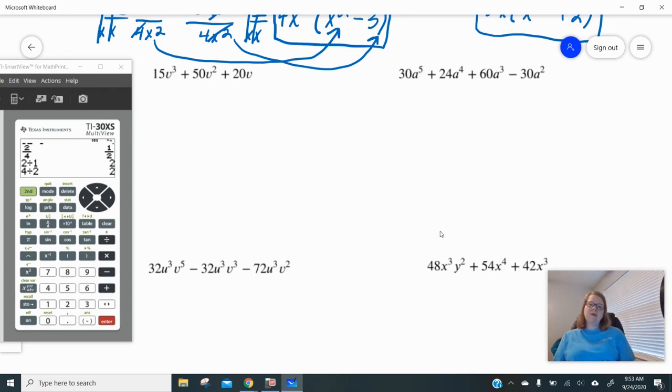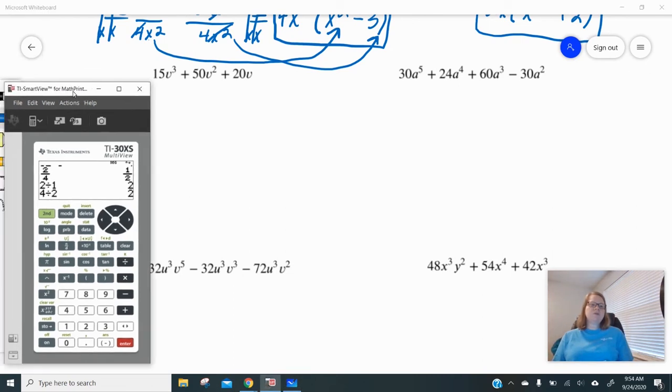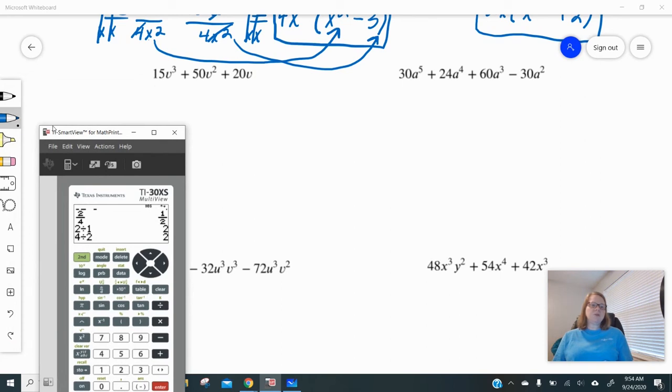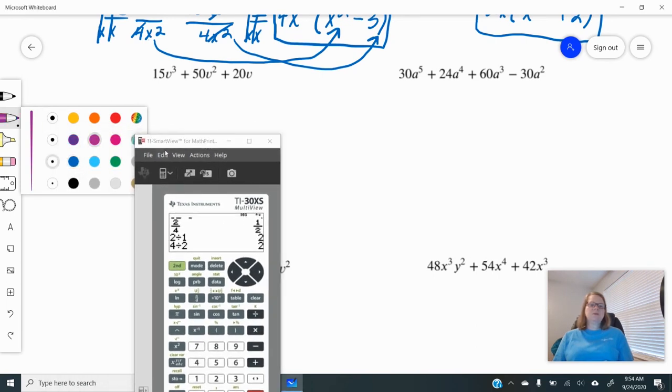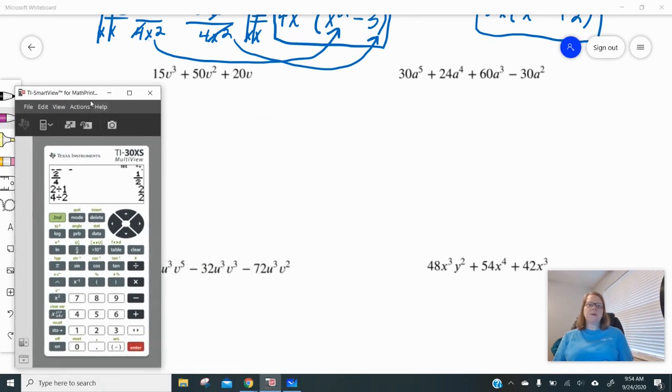And when I look at this problem right here, you know what? I'll tell you what. Let me do this a different way. I'm going to show you something different. I'm ready to change colors. It's not much of a difference, but okay.